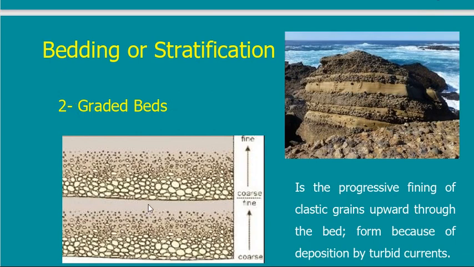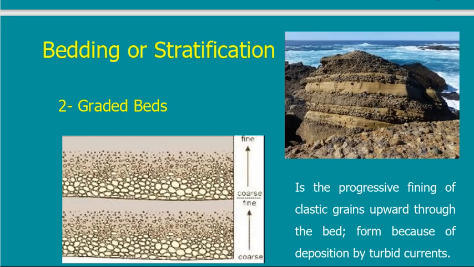What are graded beds? If you look at this photo, you will find lots of lines, and if you look at this line, you find that on top of it you have coarse material, and if you go up, you find that this coarse material starts to be smaller in size till it reaches very fine material. So this layer starts with big particles, and then the particles diminish in size till they are very fine.